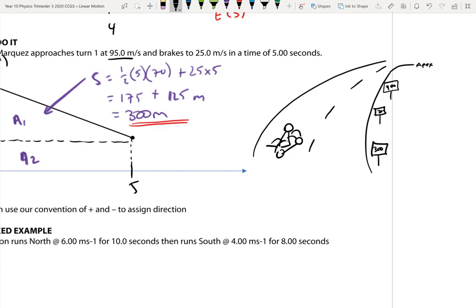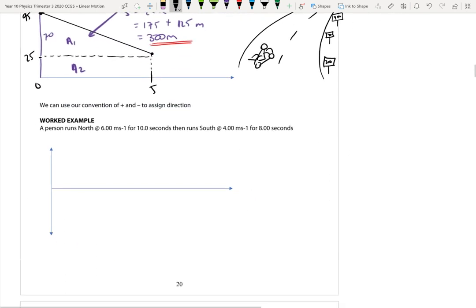Maybe on the next lap, he tries and brakes at the 250. But if he leaves it too late, then he won't be able to get down to 25 meters per second, and by the time he hits the apex, he's traveling too fast. You see this all the time in races where they run wide. And if you run wide, that's bad, because then you end up getting overtaken by the person that braked at the right point. Okay? All right.